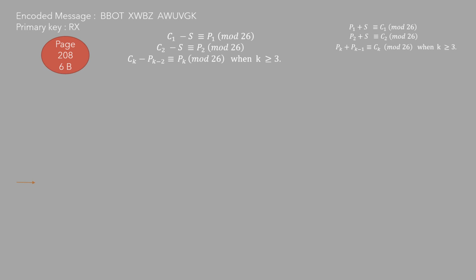So by converting it, my P1 will be C1 minus S and P2 will be C2 minus S. And for k greater than or equal to 3, Ck minus Pk minus 2 is going to be Pk.